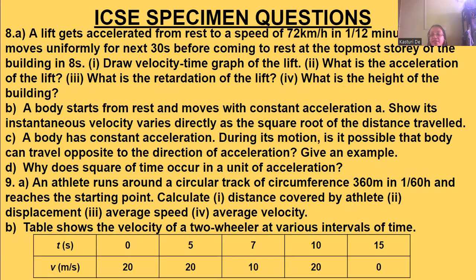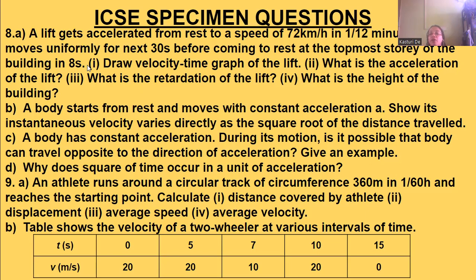A lift gets accelerated from rest to a speed of 72 kilometers per hour in 1/12 minutes. Then it moves uniformly for the next 30 seconds before coming to rest at the topmost story of the building in 8 seconds.